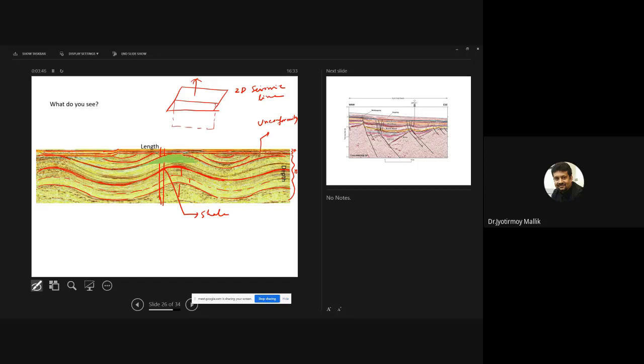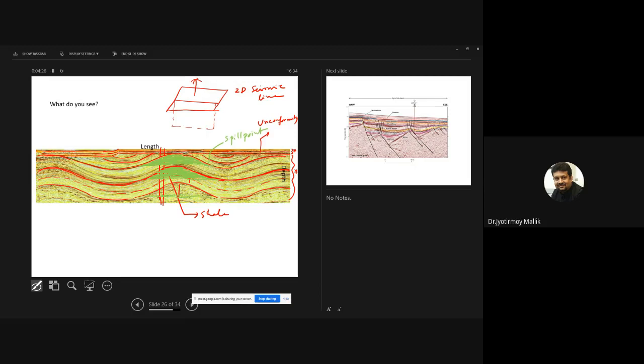It will stay up to this, because we discussed before that this will be my spill point. After this point, it will go away from the area. Maybe I can also have hydrocarbon here till the spill point.